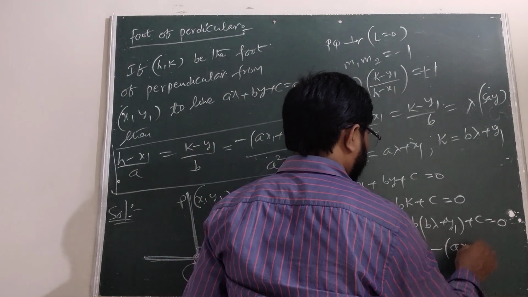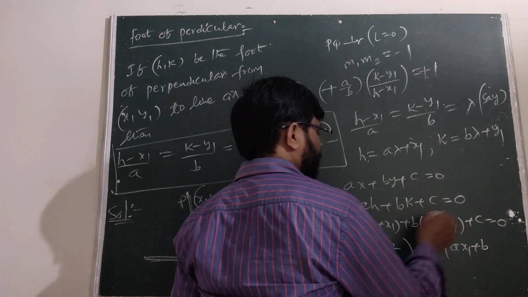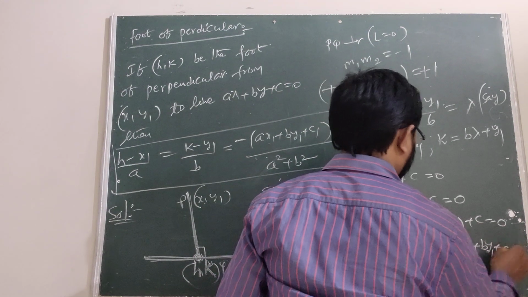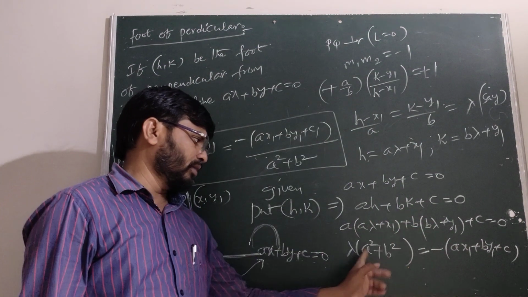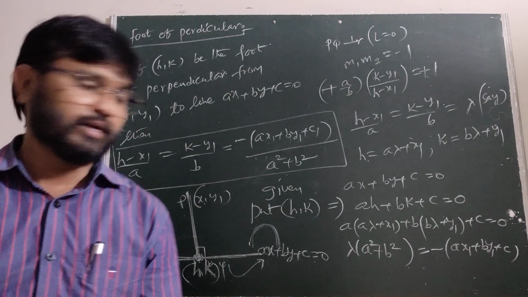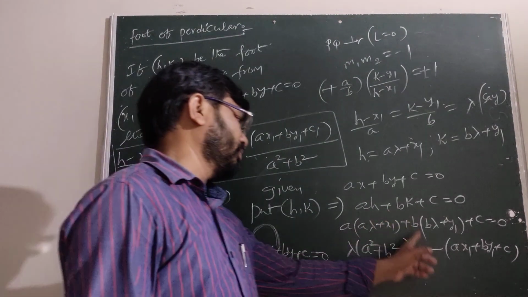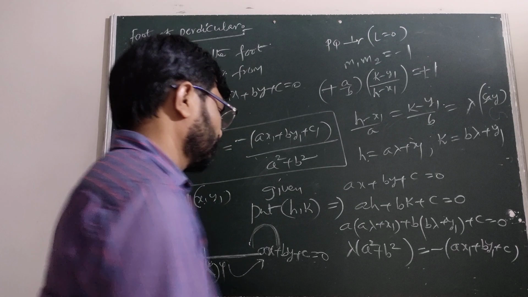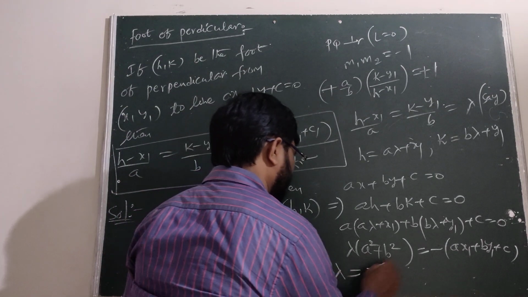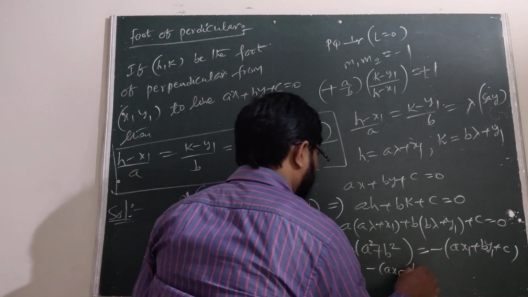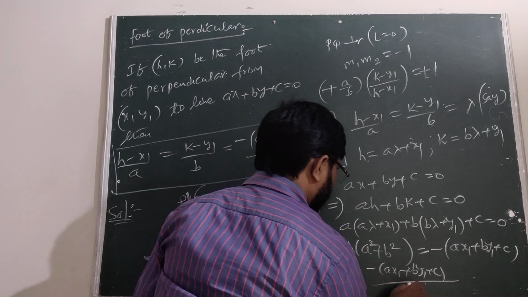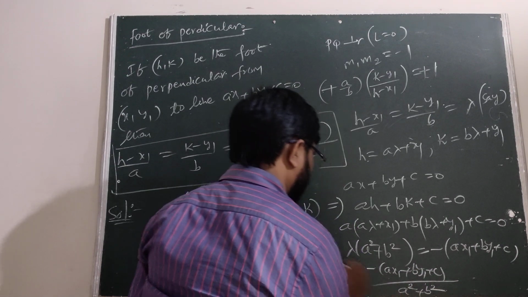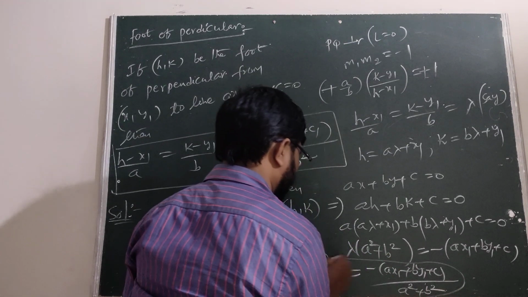These are all sent to the other side: ax1 + by1 + c. Is it clear? a square lambda and b square lambda, we take lambda common, and ax1 + by1 + c goes to the other side. So lambda is minus of (ax1 + by1 + c) upon (a square + b square). This is the value of lambda.